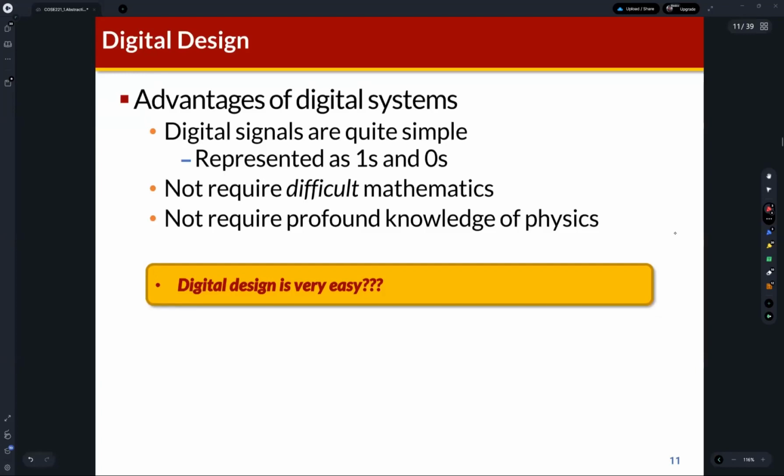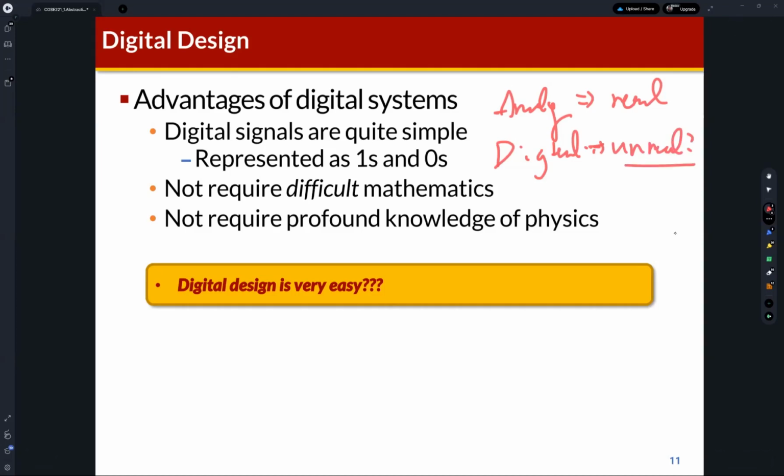As I mentioned, systems handle signals. I repeatedly say analog handles the real data or real signals. Then how about the digital? It's the unreal data.